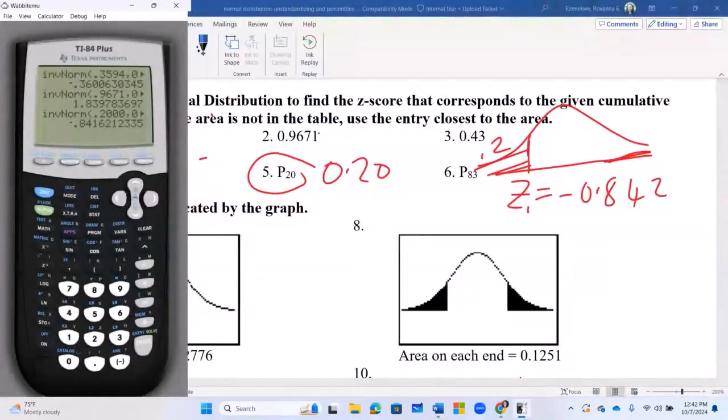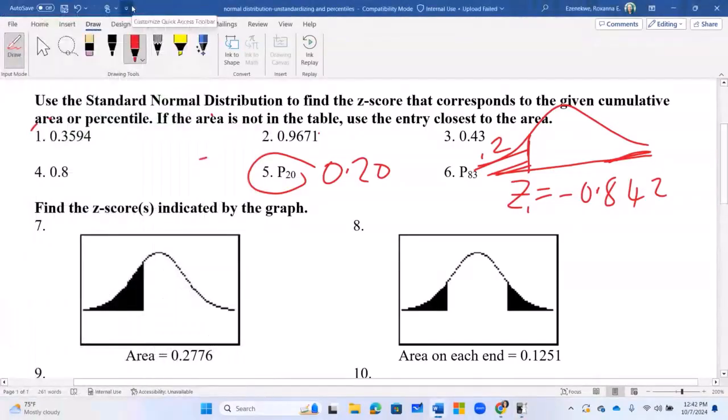All right, so I have found the corresponding z-score that is equivalent to 20% area, and that 20% is percentile because I'm given area to the left.